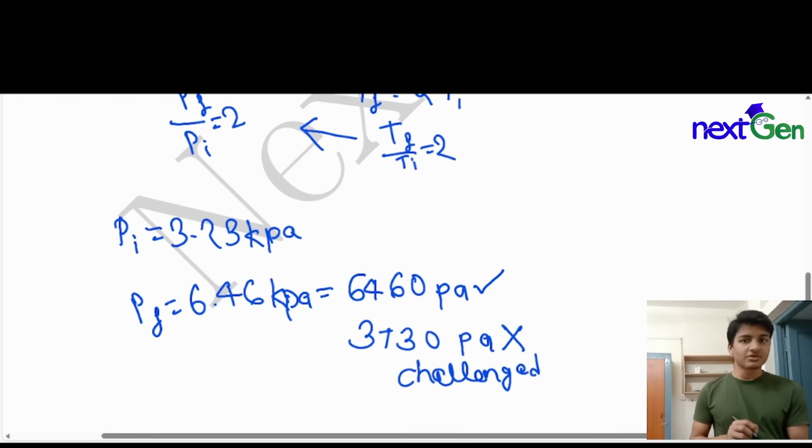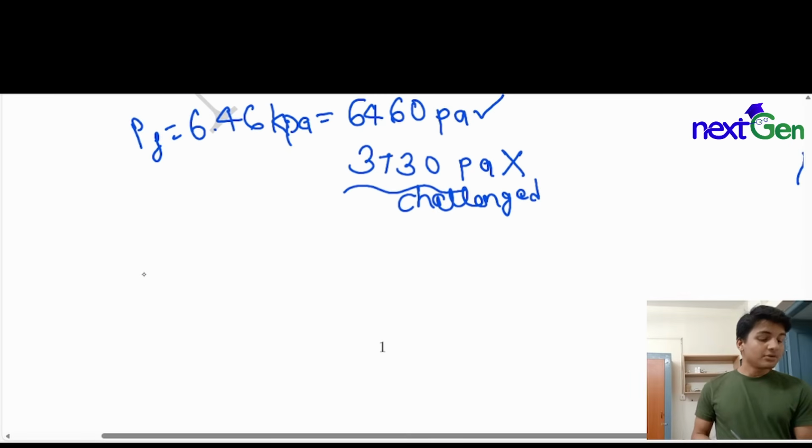Well, this was the matter of the video, but we will go on further to understand what was the mentality of NTA behind writing the answer as 3730. Well, so if you consider the doubling of temperature is happening on Celsius scale and then try to calculate the answer.